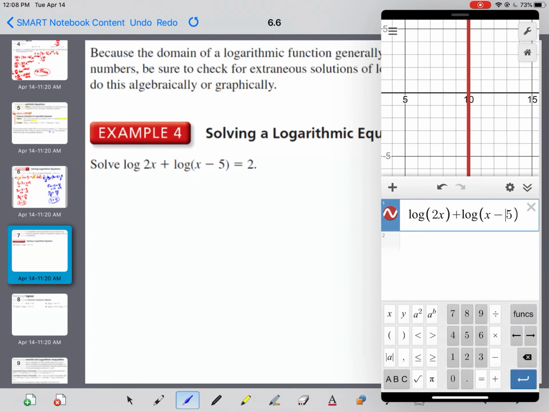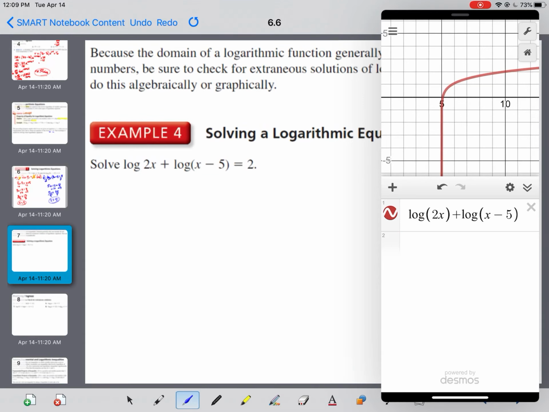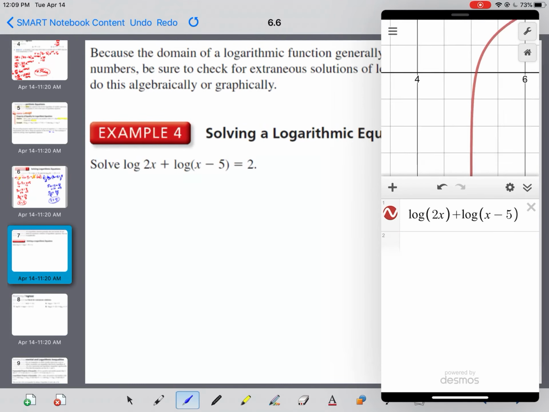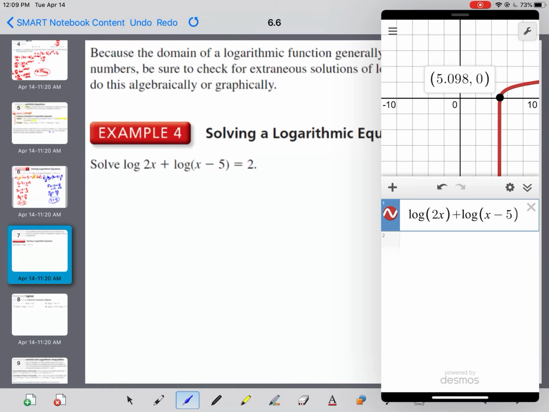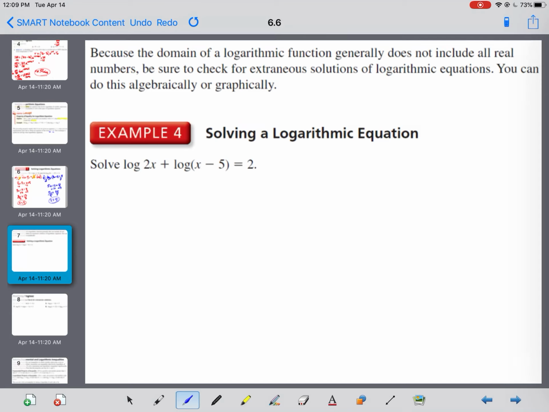When we graph something like that, it's going to come right through and give us one answer. Now, if I don't put equals 2 and I say equals y, it gives me a nice graph here that I can look at. It gets close to probably 5, but doesn't ever touch it. So if we get something that is less than 5, it's going to be an extraneous solution.